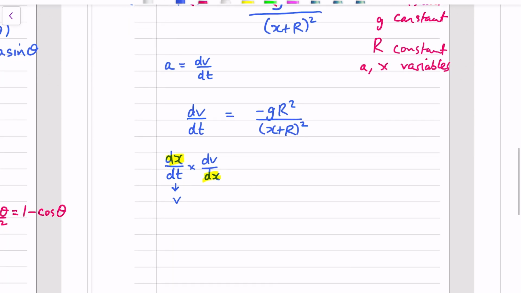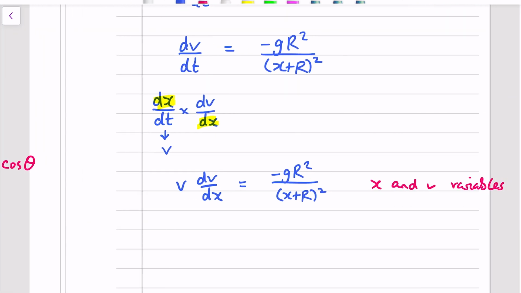So dv dt, the left hand side, can be written as v dv dx equals negative gr squared over (x plus r) all squared, and now we've got two variables. Okay, x and v are the variables, and we can separate it.